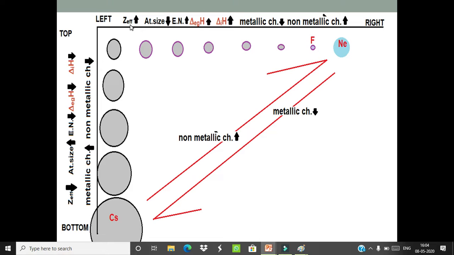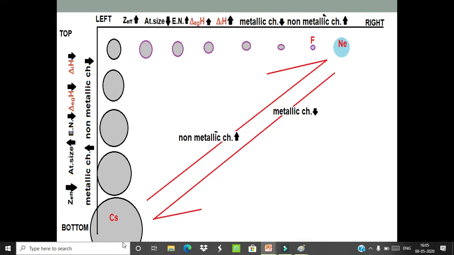First of all, we talk about atomic size. If we go from top to bottom inside a group, then atomic size always increases. Why? Due to the increase in the number of shells, or we can say due to the decrease in Z effective. Suppose we take a group: lithium, sodium, potassium, rubidium, cesium, and francium.